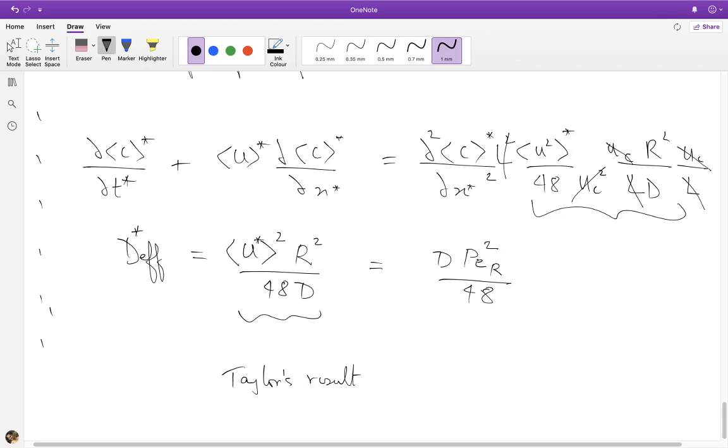But yeah, this form hides the D squared in the denominator here. So it's important to remember that the dispersion coefficient is inversely related to the diffusivity and proportionally related to the square of the average velocity.